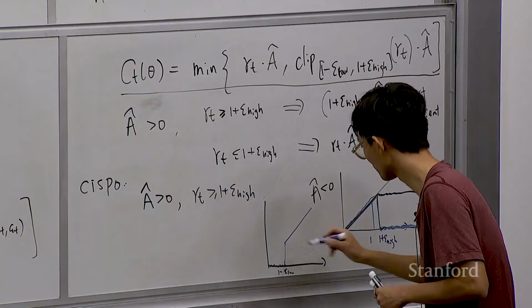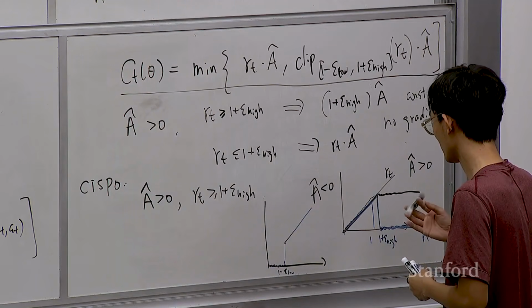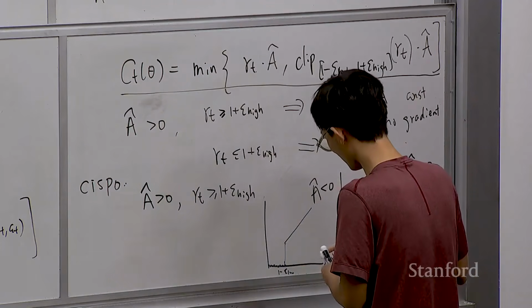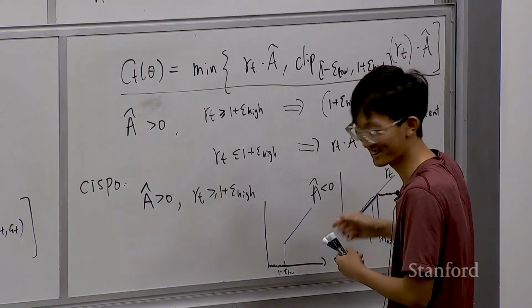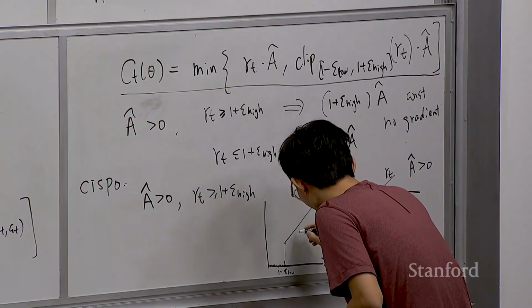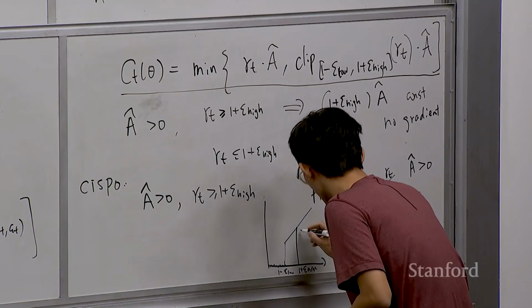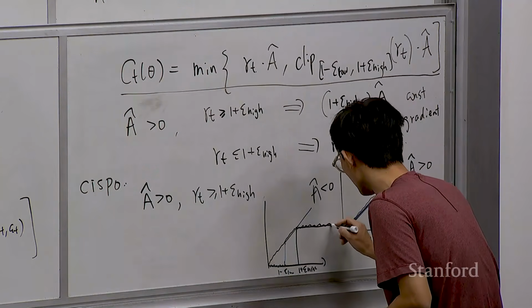This is PPO. And CISPO is doing something very different. CISPO is saying that I'm going to do exactly the same thing on the positive side. So if you are above 1 plus epsilon high, you take 1, and then on this side you do this thing.